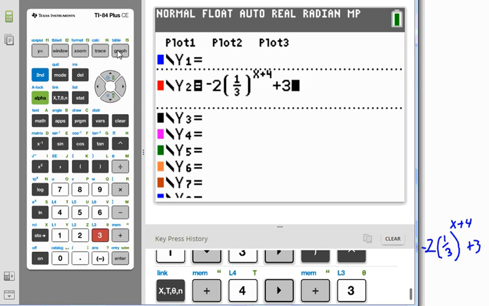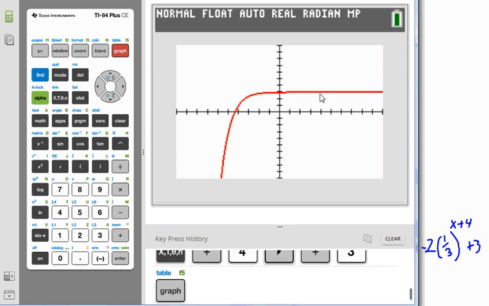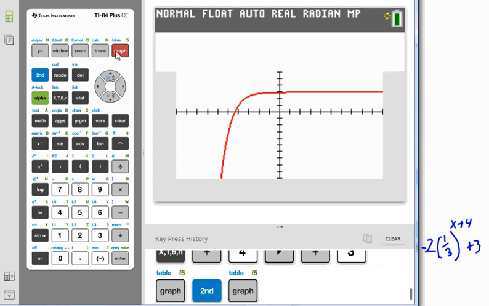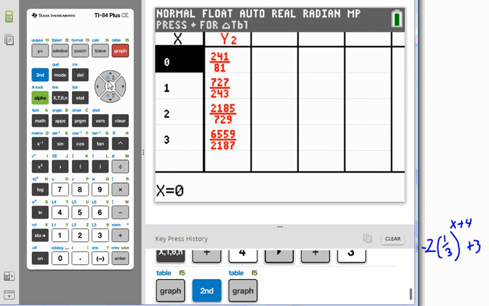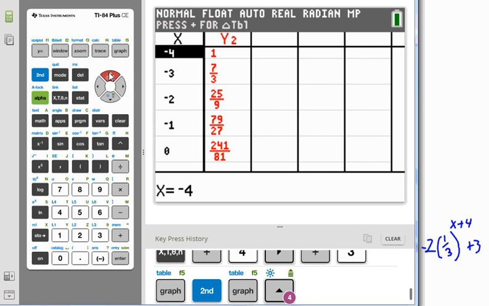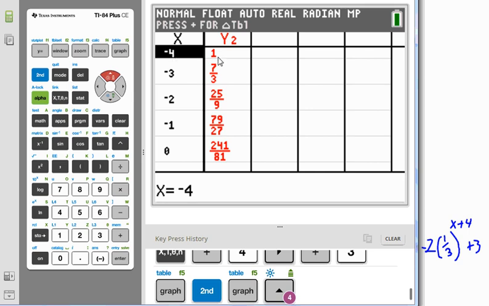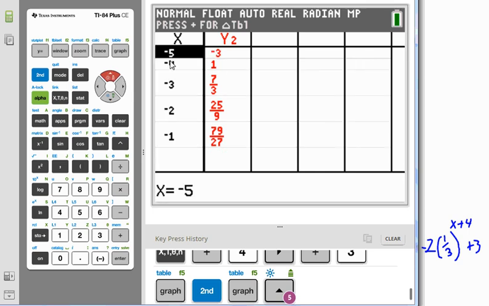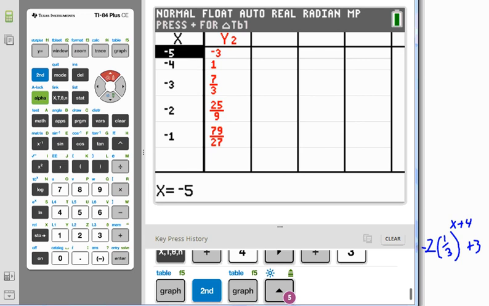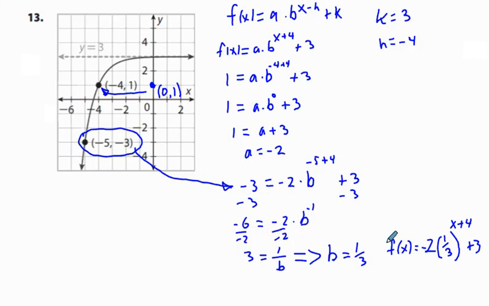And then the graph, what does that look like? Looks like this right here. If you go to table view, you should see the points. Okay, we have negative 4, 1, check. Negative 5, negative 3, so they both check. So this would be our correct answer.